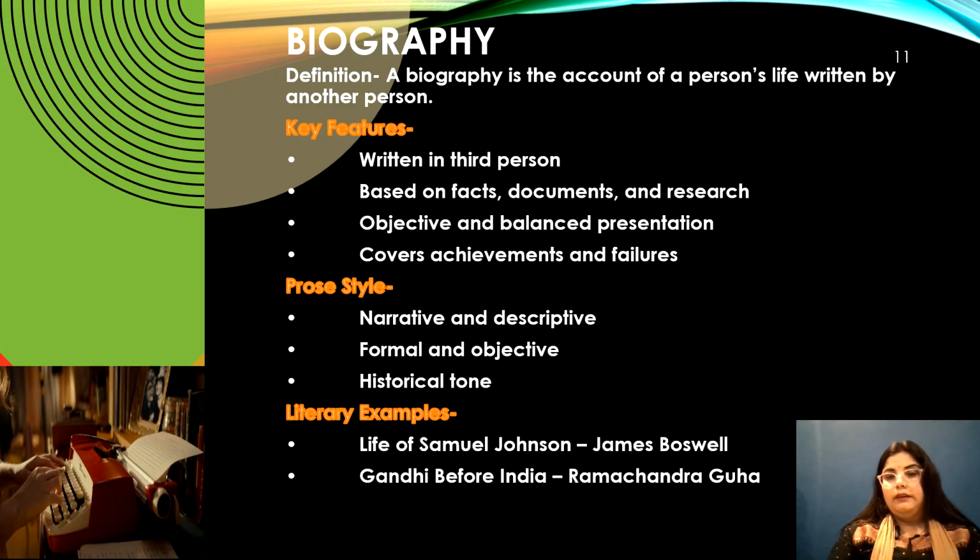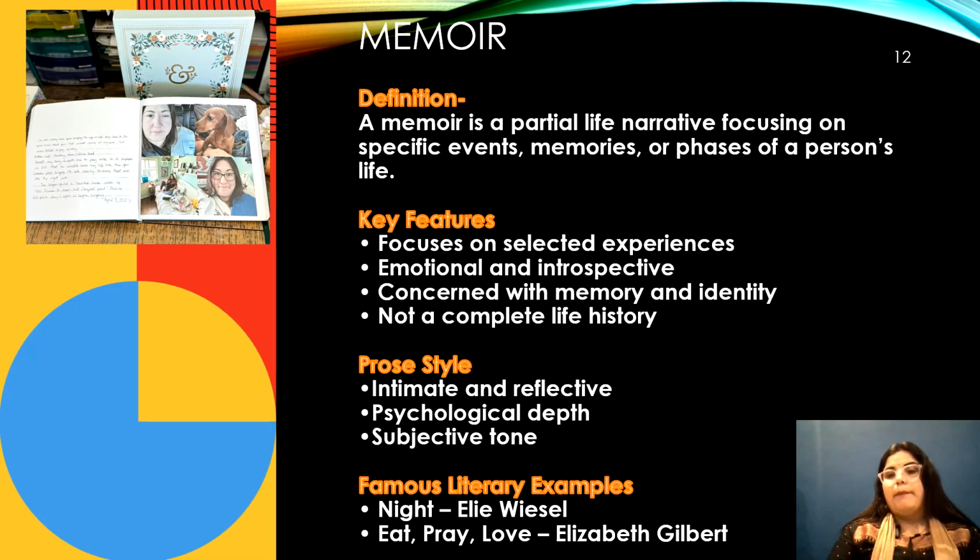Now let's see the other type, which is memoir. As the word itself suggests, it is a writing based on memory. A memoir is a partial life narrative focusing on specific events, memories, or phases of a person's life. When a person shares his memories through the medium of writing, it is called memoir.